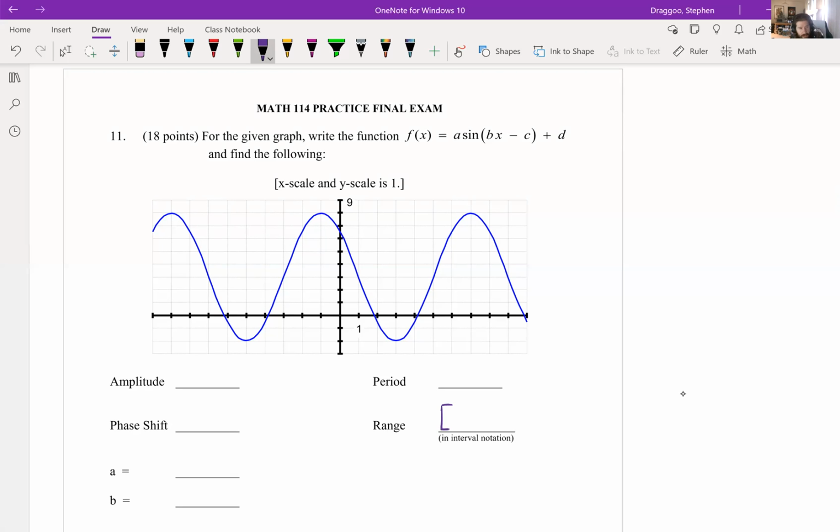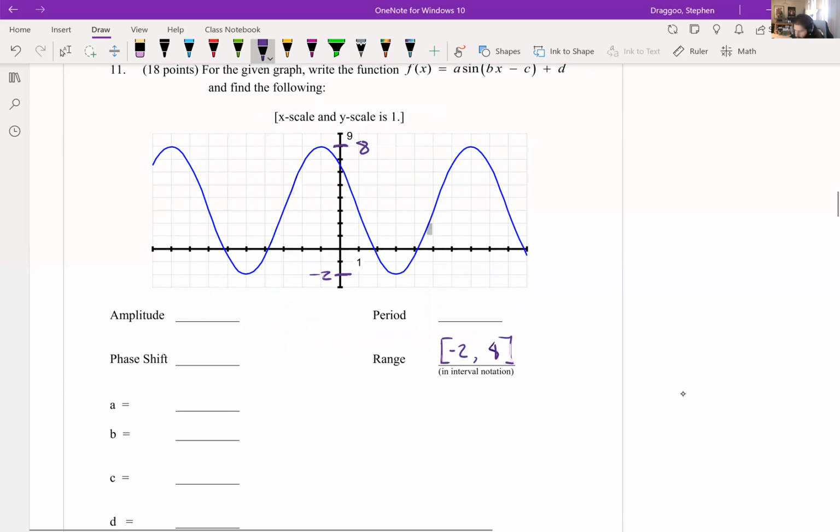To get the range, I just need to know the minimum value and the maximum value. And that minimum is down at -2, while the maximum is up at 8. -2 is right here. 8 is up there. So we'll use the range to find both our amplitude and our vertical shift.